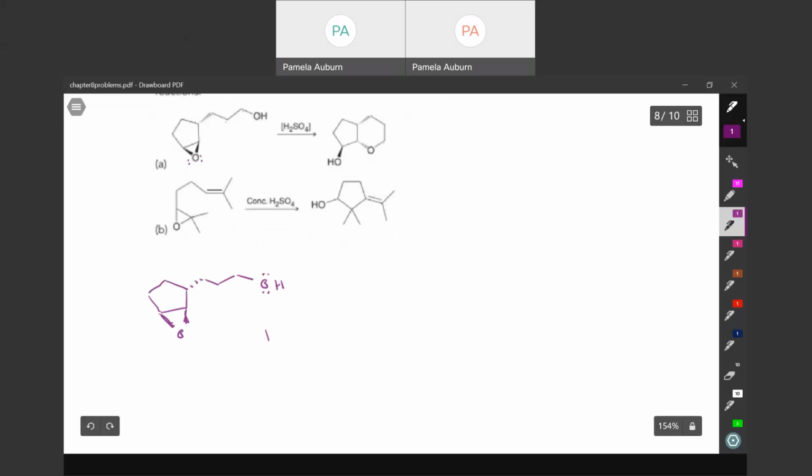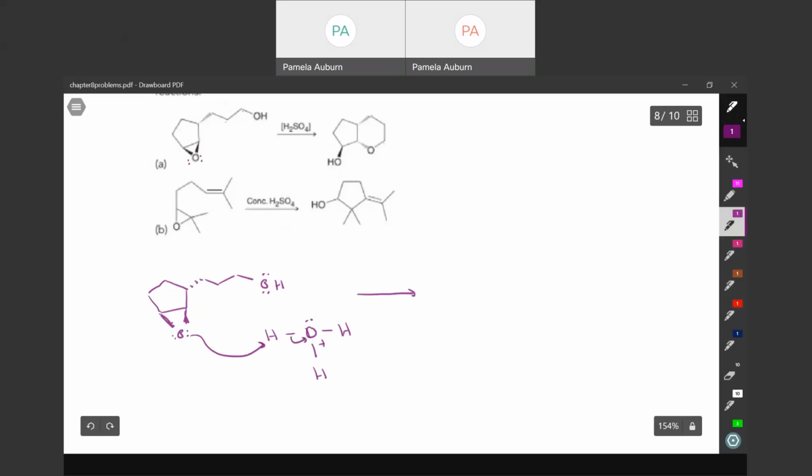So we have H3O plus, and you can use H3O plus whenever you see a strong acid. And notice that the acid here, sulfuric acid, is put in brackets, and that means it's acting as a catalyst. It's not there in stoichiometric quantity. So the first step here is a proton transfer.